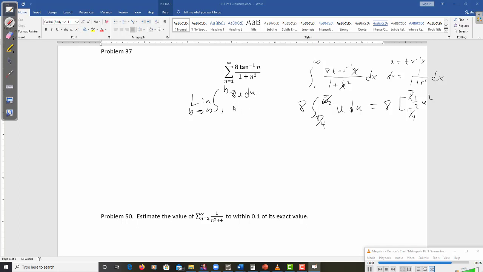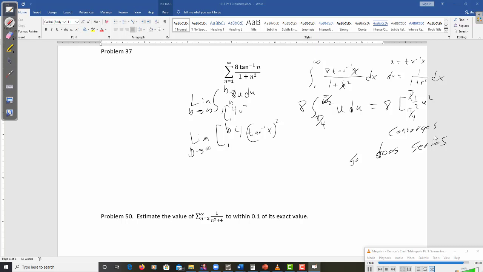And then you get 4 u squared. And then substitute back, 4 inverse tangent of x squared, going from 1 to b, with the limit as b goes to infinity. And that would come out with the same thing. The point is, this is going to be a finite value, so this converges. So does the series.